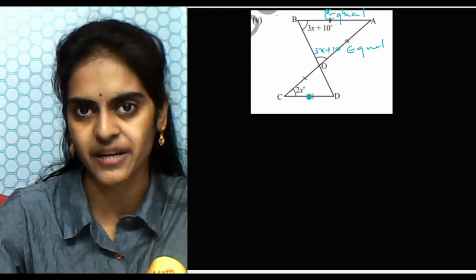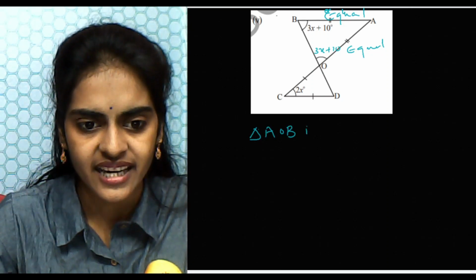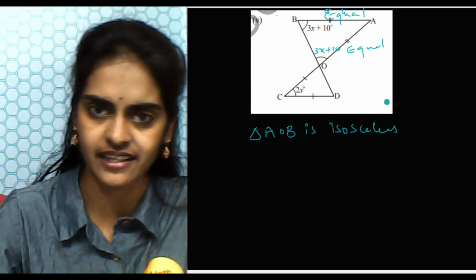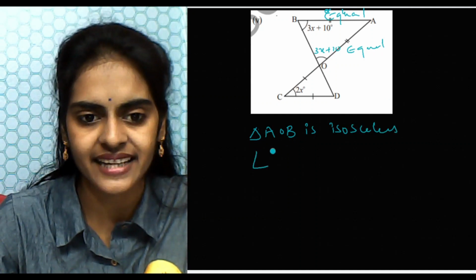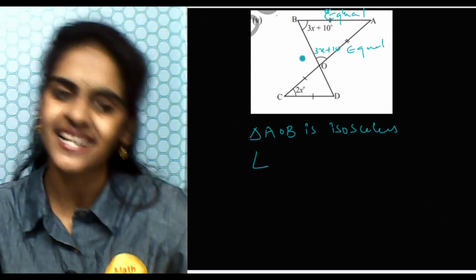So just now I explained, isn't it? Triangle AOB is an isosceles triangle.